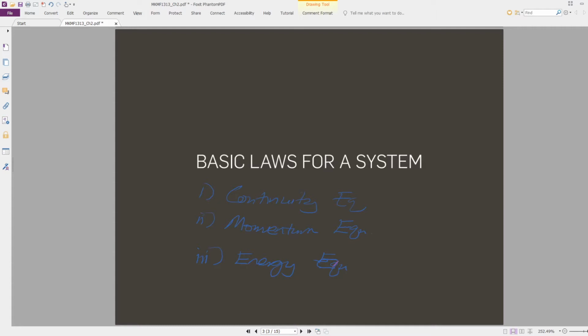So for this particular problem, the energy equation has to be included in our analysis as well.